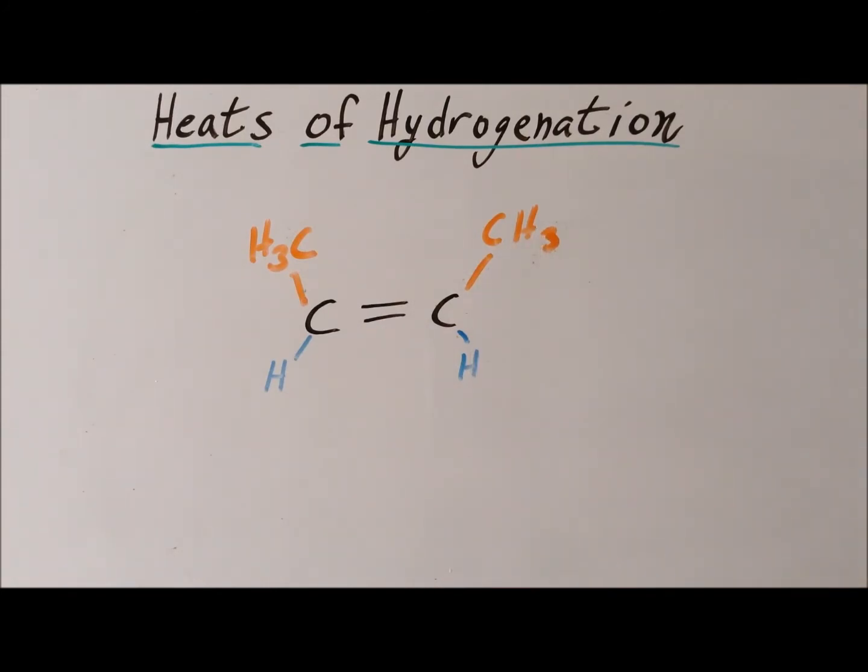Since we have two alkyl R groups attached to the central carbon-carbon double bond, that tells us that 2-butene is going to be more stable than 1-butene, which had only one alkyl R group.